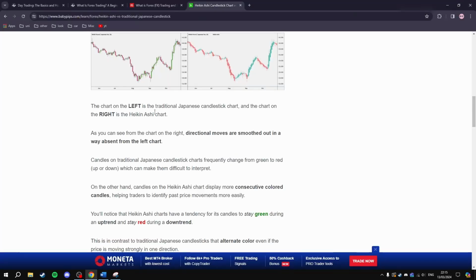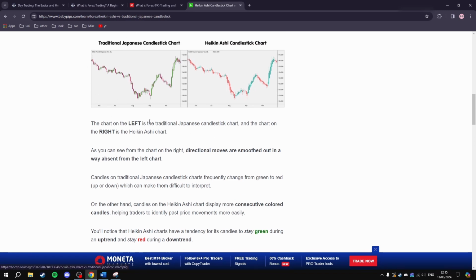Candles on traditional Japanese candlestick charts frequently change from green to red, up or down, which can make them difficult to interpret. On the other hand, candles on the Heikin Ashi chart display more consecutive colored candles, helping traders to identify past price movements more easily.